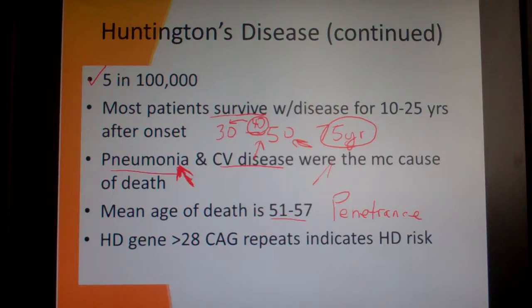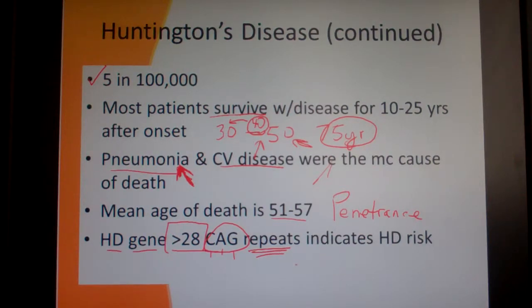Okay. Now the CAG, what is that? Cytosine, adenine, and guanine, the nucleotides CAG. What's happening here is Huntington's gene has over 28 repeats.